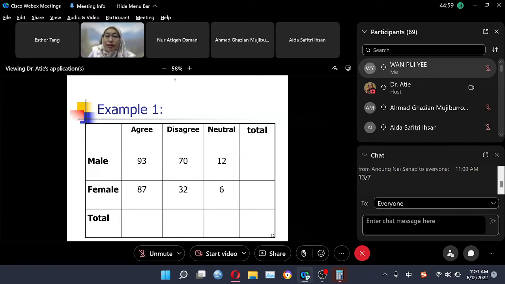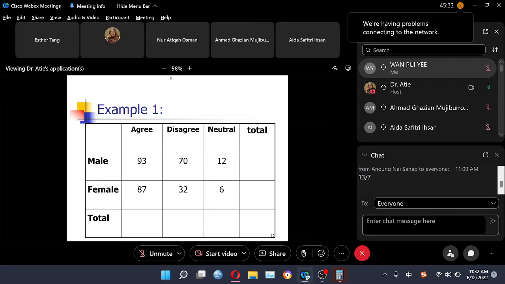Let's continue. Among the most serious problems in schools nowadays are violence and lack of discipline. A random sample of 300 parents was selected, and these parents were asked if they favor school teachers publicly caning students for violence and lack of discipline.